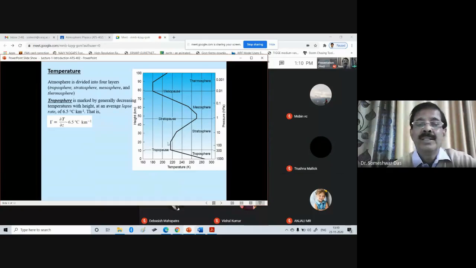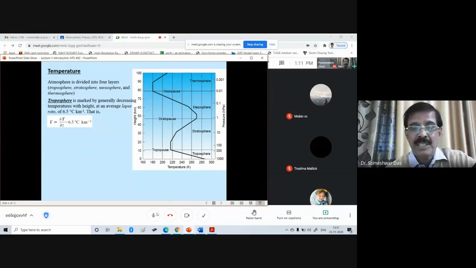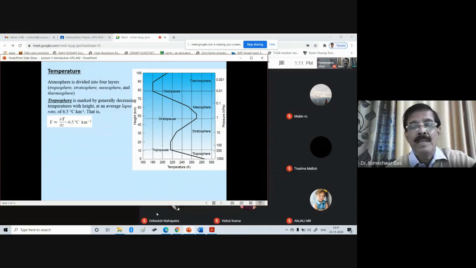When there is a temperature inversion, it does not allow the convection to penetrate and go up. So the clouds generally will not go above the tropopause because of the strong inversion in the stratosphere.